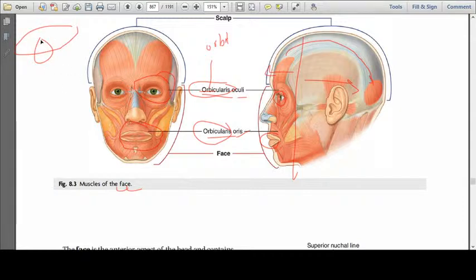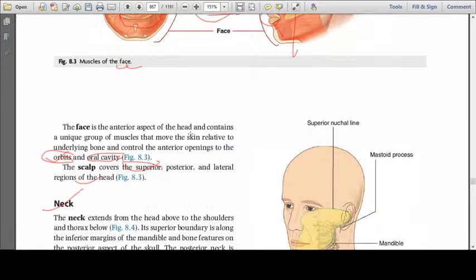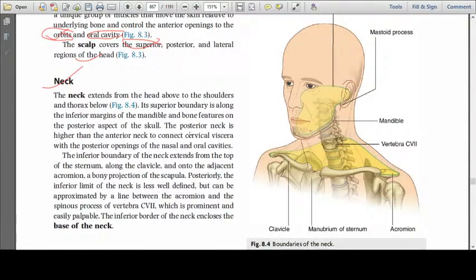In this figure we can see this muscle surrounding the eye, so it is called orbicularis oculi, and orbicularis oris means it is surrounding the mouth. In that way we can make connections.